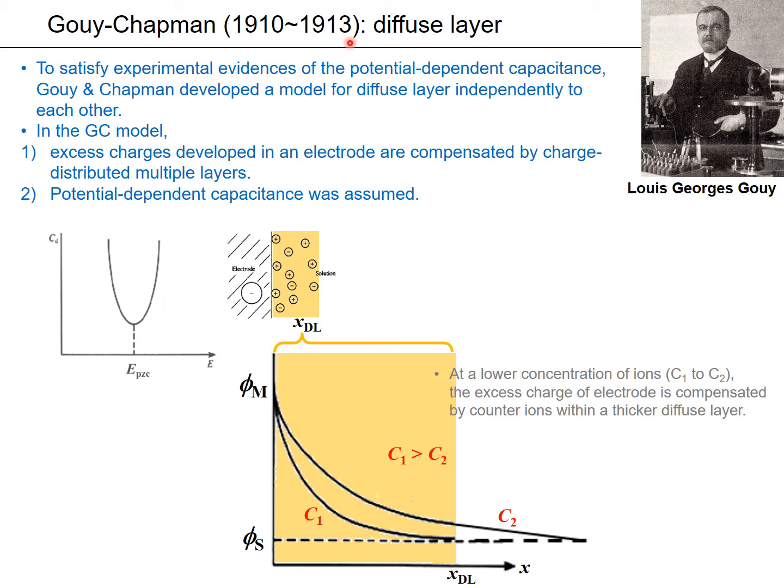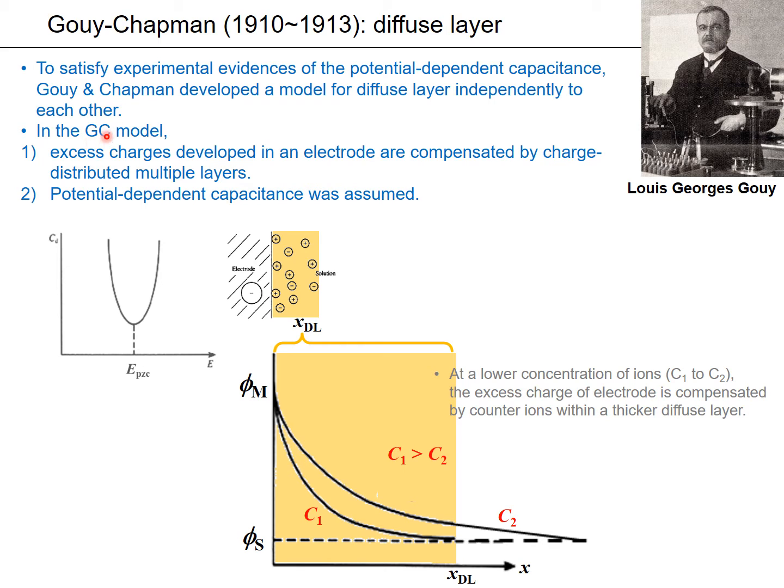You have learned about that already in the modern structure of the electric double layer, to satisfy experimental evidence of the potential dependent capacitance. You have seen these pictures from the previous subchapter 2. Gouy and Chapman developed a model for the diffuse layer independently of each other.